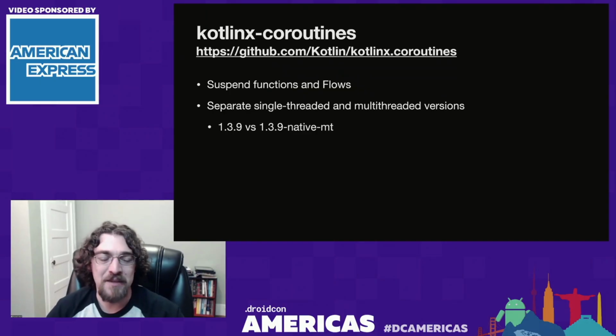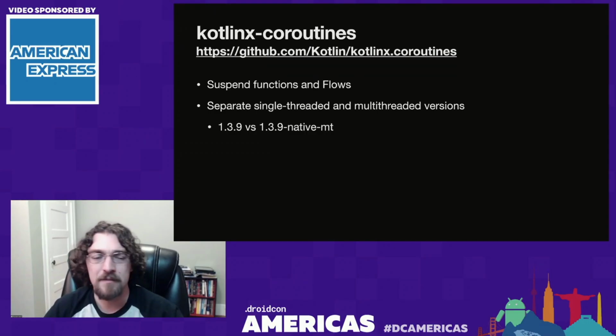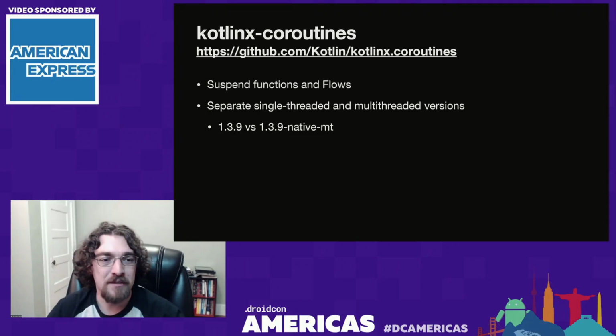This gives you support for things around suspend functions and flows. Definitely check out Flow if you haven't yet. They've been doing a lot of work on not just suspend functions, but also more reactive stream-like abstractions.